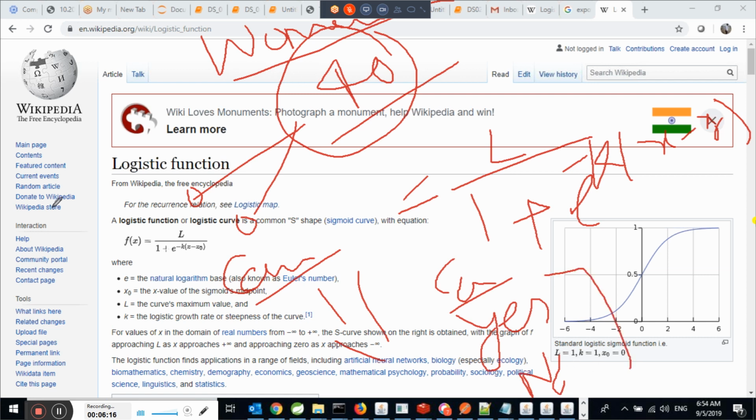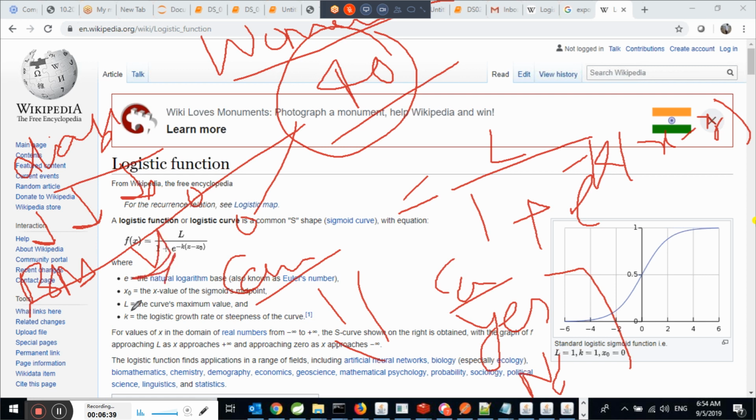Let's suppose tomorrow I'm giving some medical data related to diabetes. Some parameters are defined, the BMI is given, insulin level is given, all the input parameters are given. On the basis of that, I want to know whether you are suffering from diabetes or not.